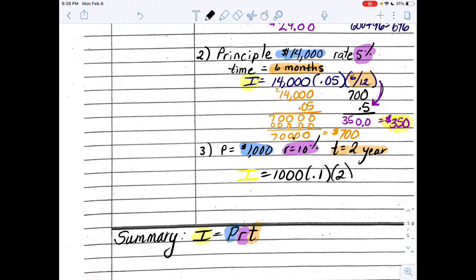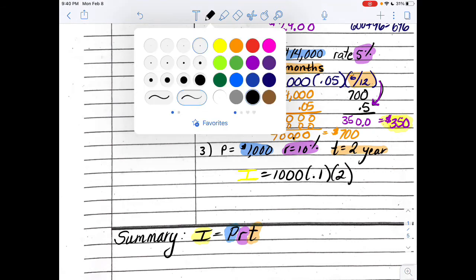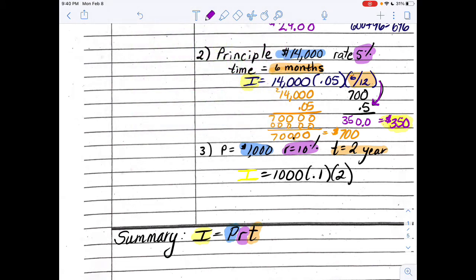And times 2 years. Now, it doesn't matter which way you multiply first, but we want to solve for how much interest we're paying. So 1,000 times 0.1 would be moving my decimal 1 place. And I get $100 times 2. I get $200 in interest.